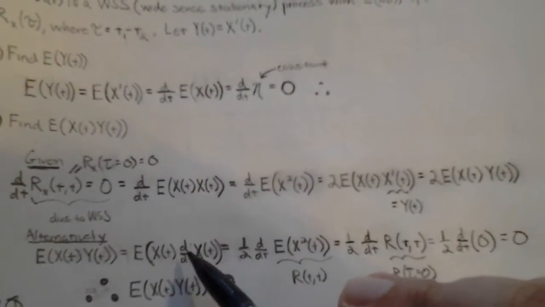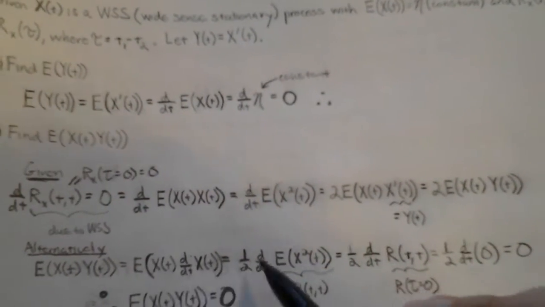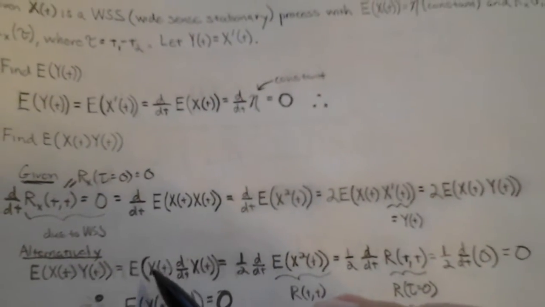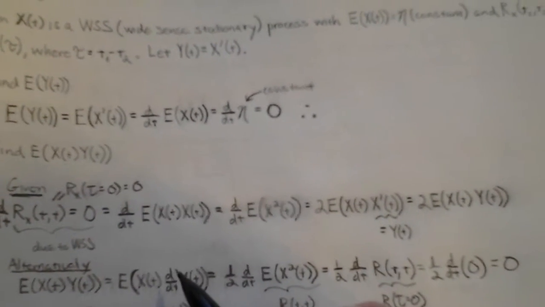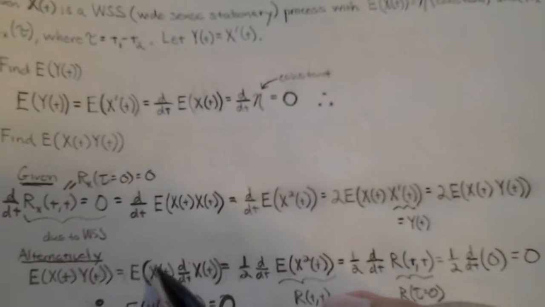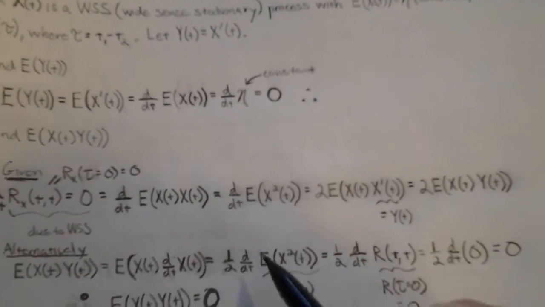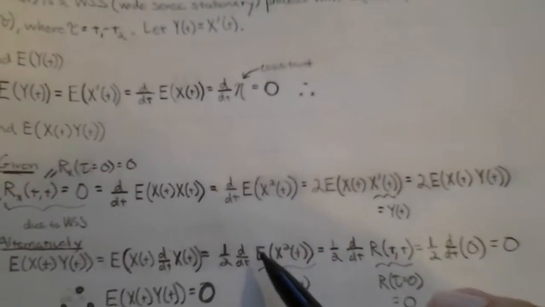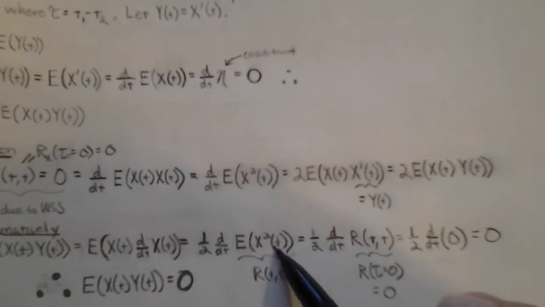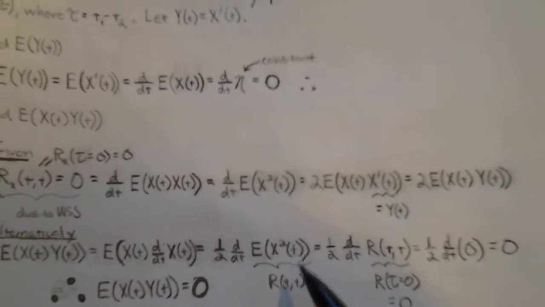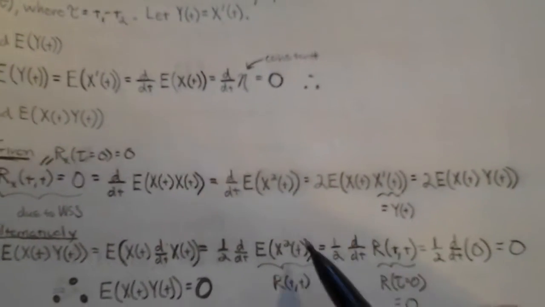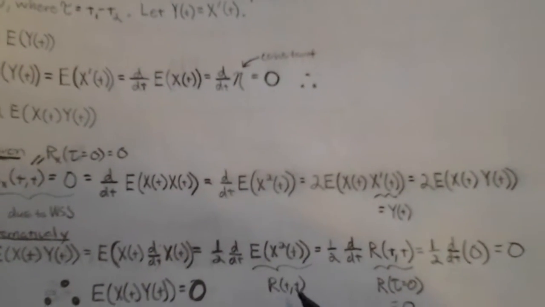Now, this term right here, we can bring out the d over dt, and this ends up being 1/2 times x squared in terms of t. So we bring out the constant term and the derivative, the d over dt term, and we rewrite this. If we look at this, this term is just the definition of our autocorrelation at one time point t, which we can rewrite right here.